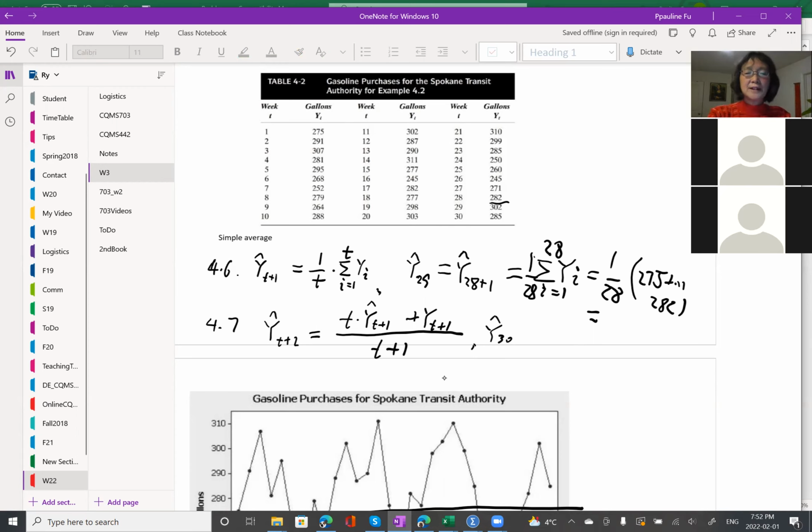So this is the average for week 1 to week 28, and this number is used to forecast week 29. So what is this number? This is 281.